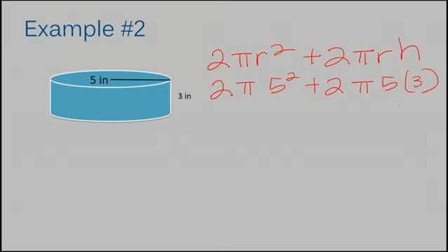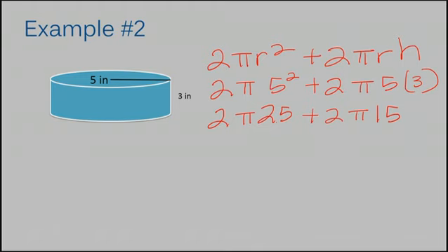Now I'm going to go through and rework my 5 squared and multiply my 5 by my 3. So I have 2 pi. 5 squared would be 25 because 5 squared means 5 times 5. Plus 2 pi. 5 times 3 is 15. So now, like before, I'm going to rearrange things so I can multiply the numbers that I do have.